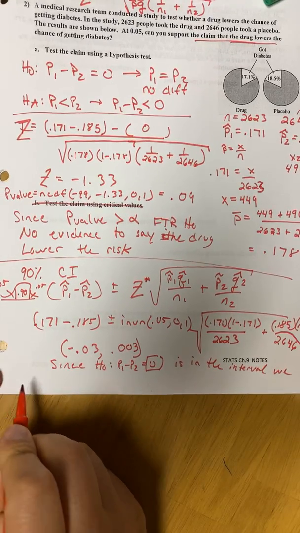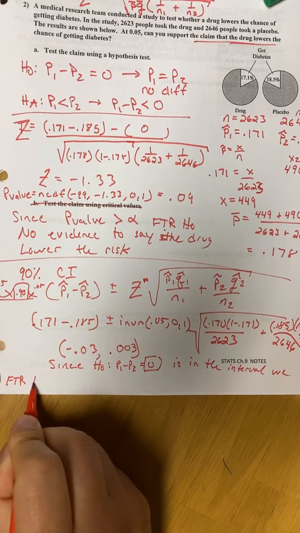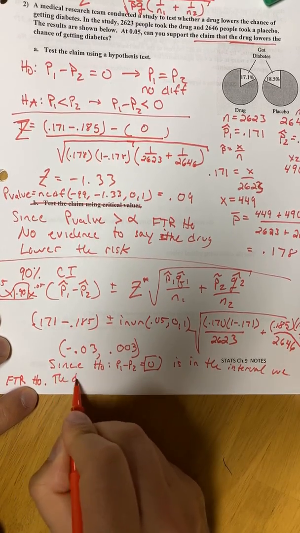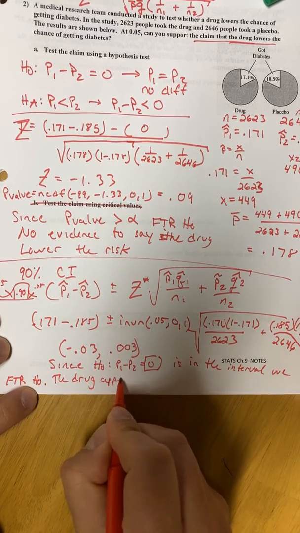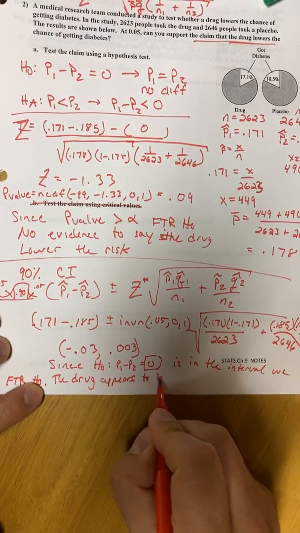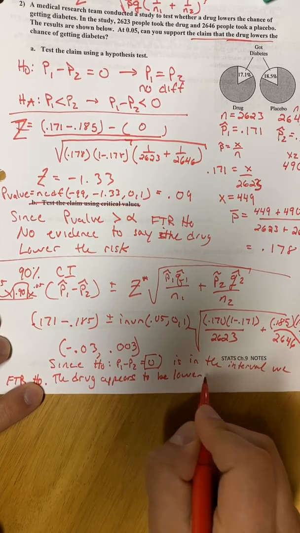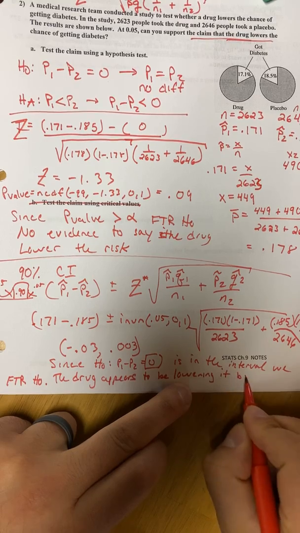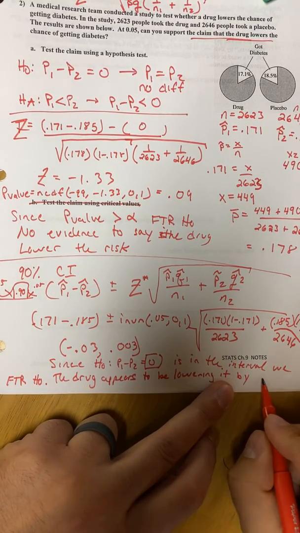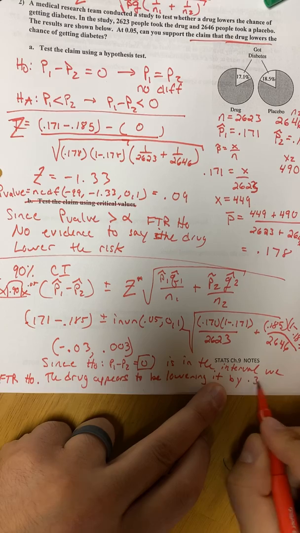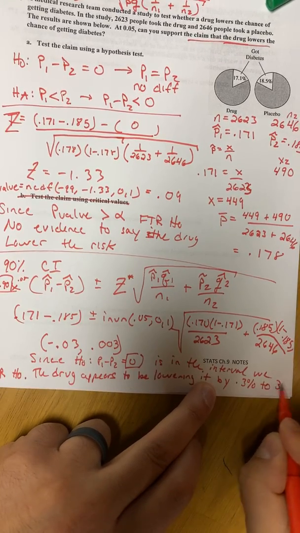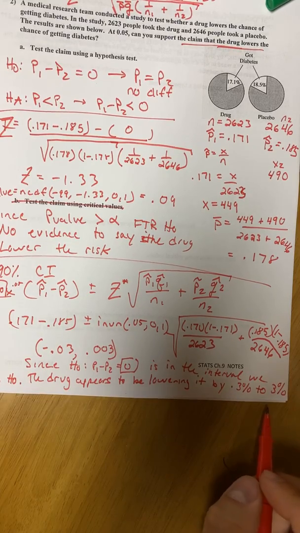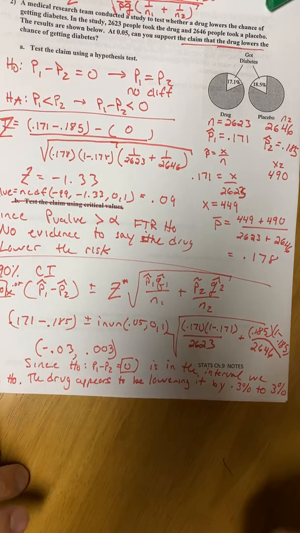we fail to reject HO. So the drug appears to be lowering it from 0.3% to 3%, which is useless.